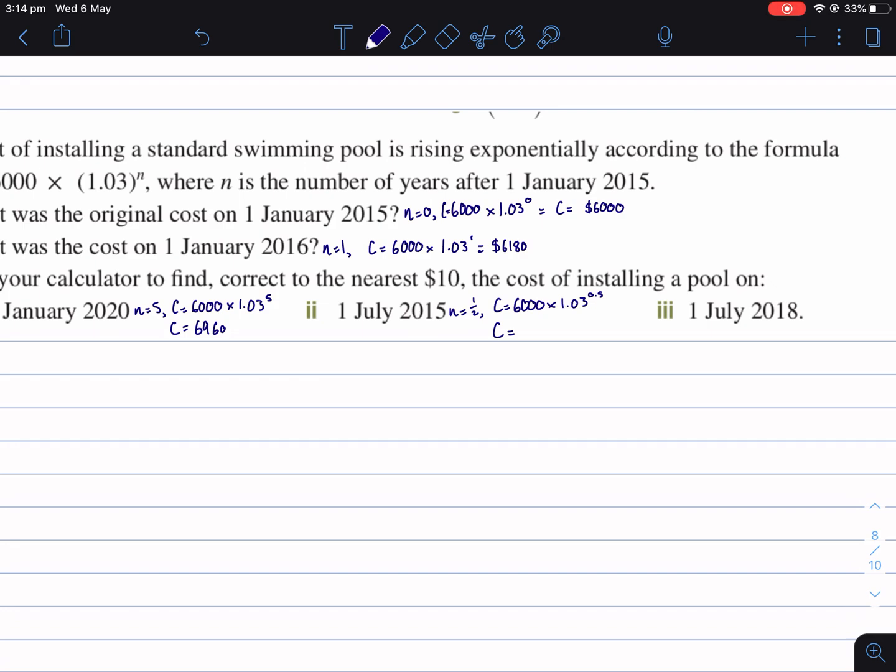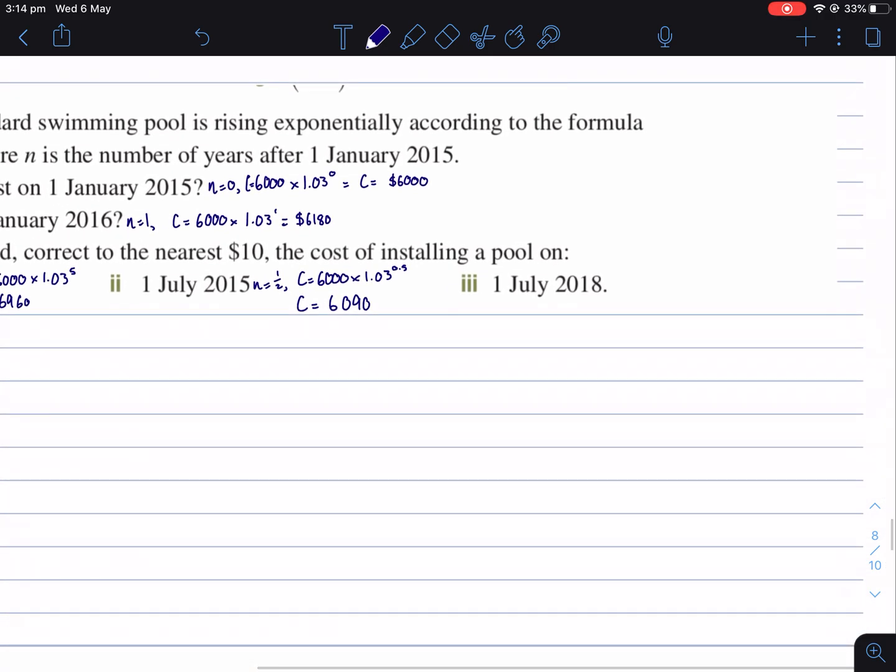So that's, to the nearest $10, $6,090. 1st of July 2018, so that's n equals 3.5, 3.5 years. C equals 6,000 times 1.03 to the 3.5. Let's do it. And it's closer to $50 than 60.